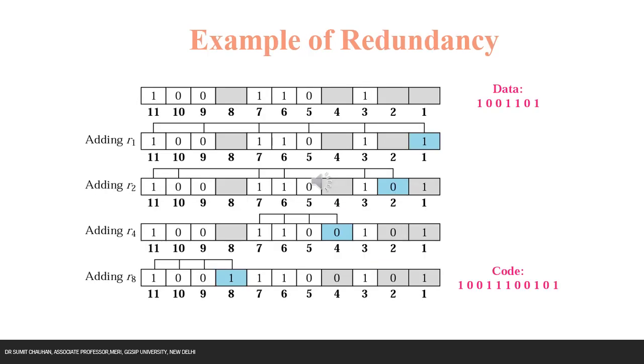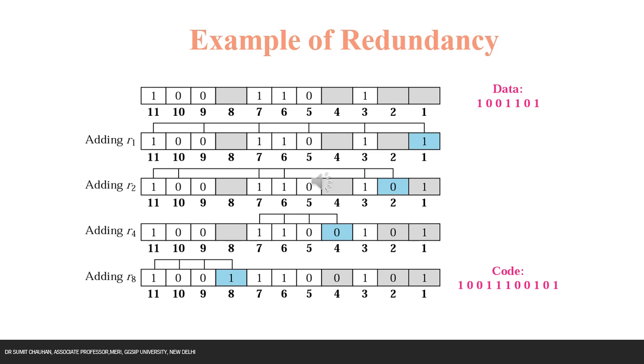Now here we have the example for redundancy, that we have data 1001101. Now we have to send it and try to calculate the redundant bits. So redundant bit positions are 1, 2, 4, 8. To calculate at 1, 3, 5, 7, 9 and 11, these are the positions which are part of R1.